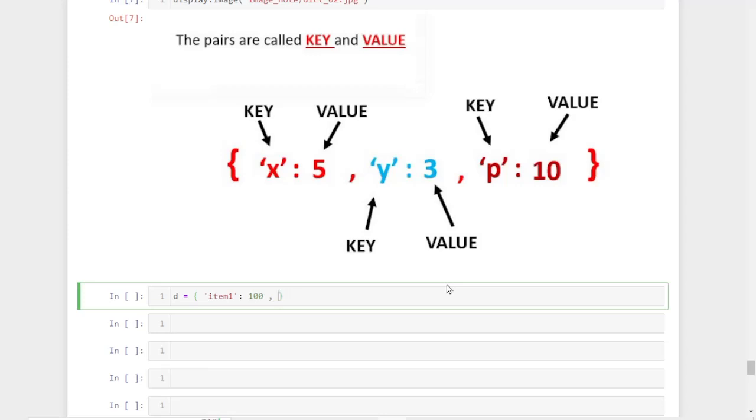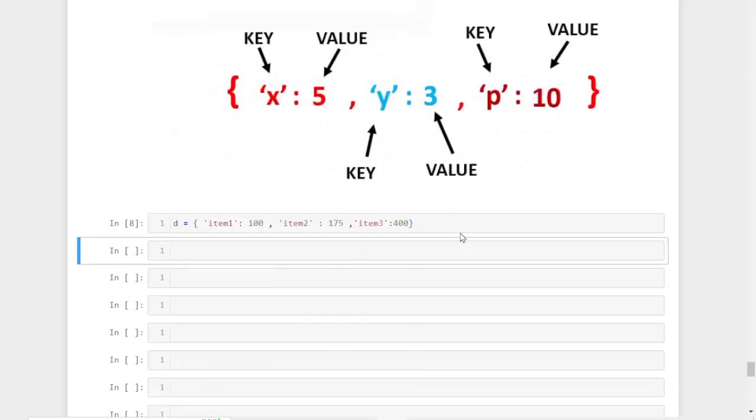Then item 2, its value is 175. Then I created item 3 and its value is 400. I'm running this line by using the shortcut Shift Enter. That is a shortcut in Jupyter Notebook, or you can use the run command also.